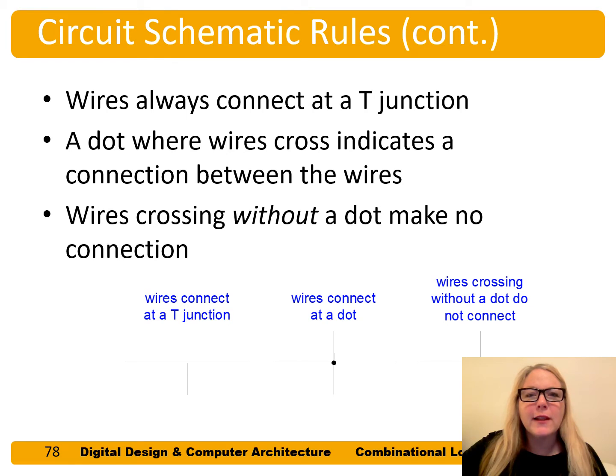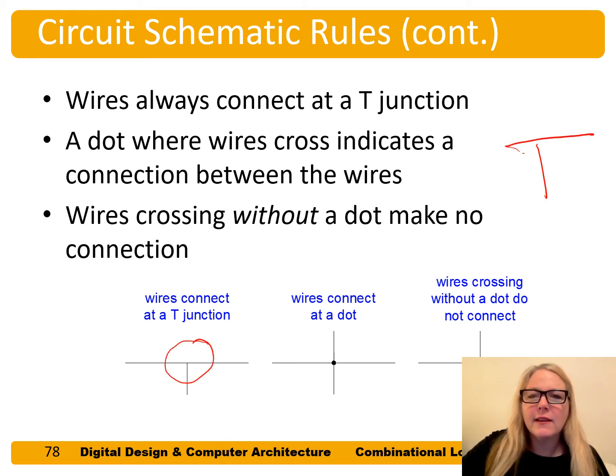When we draw our schematics, we want to make sure that we use circuit schematic rules, including how we draw the wires. So wires always connect at a T junction. So here, this is a connection. There's a T junction, like that. So wires connect there. Wires do not connect if they just cross over each other.